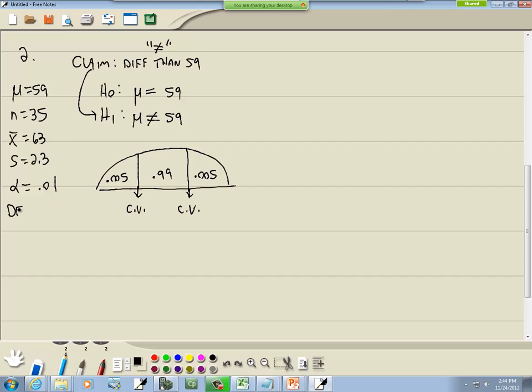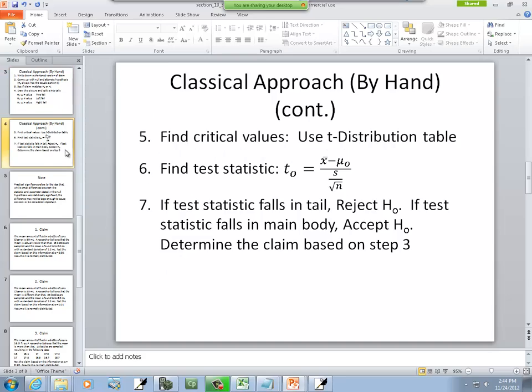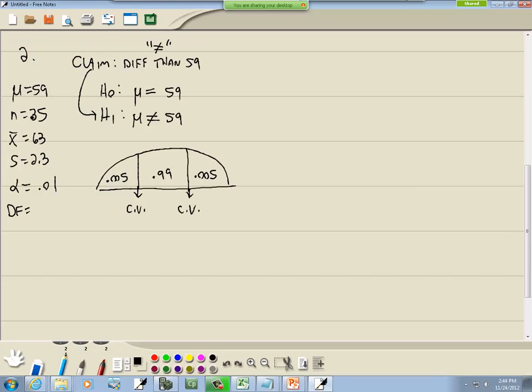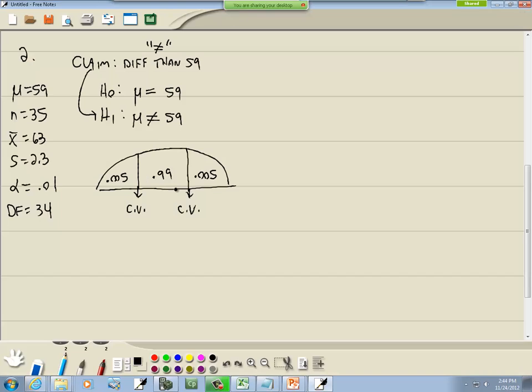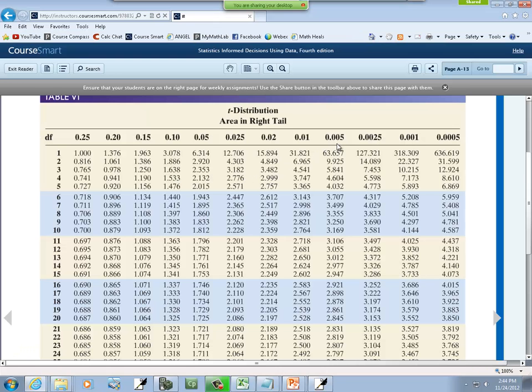Okay, now we're going to use the t-distribution for our critical values, which we know we need degrees of freedom, which is 1 less than n, which would be 34. Area in one tail would be 0.005, which is this column, fourth from the right, and we want degrees of freedom of 34.